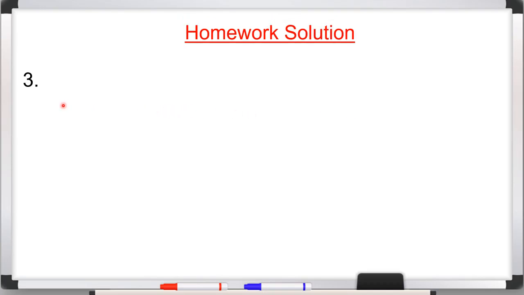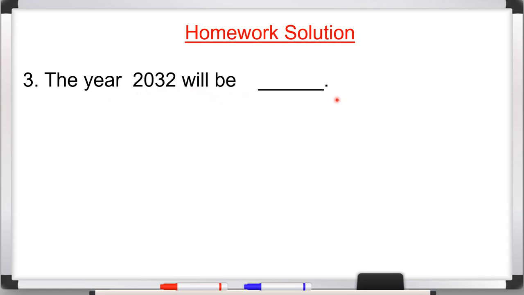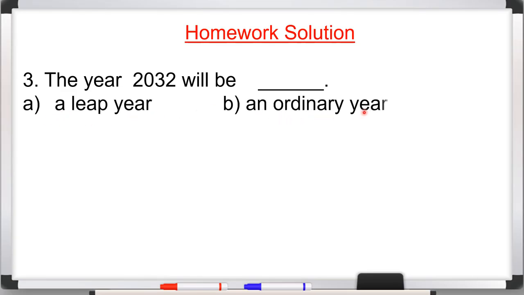Now question number 3. The year 2032 will be dash. So again we have two options, a leap year and an ordinary year. Okay, so we will do its solution.